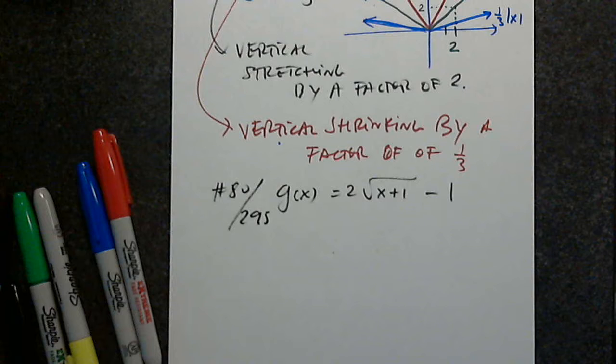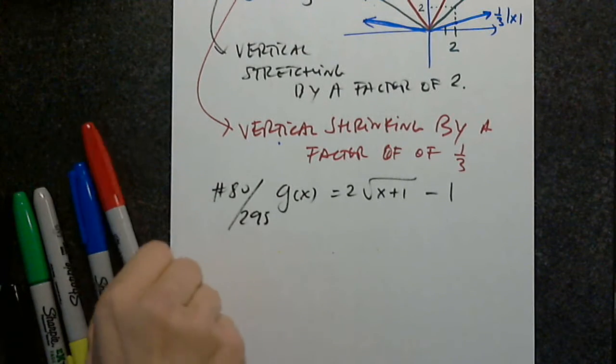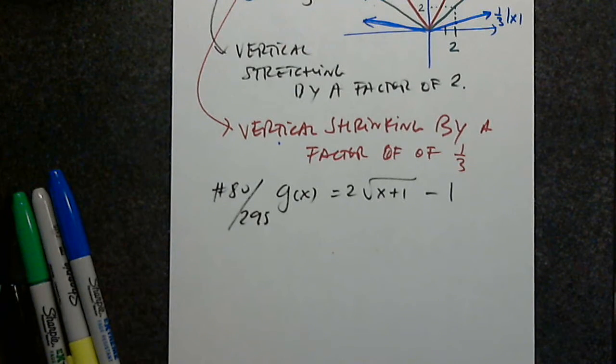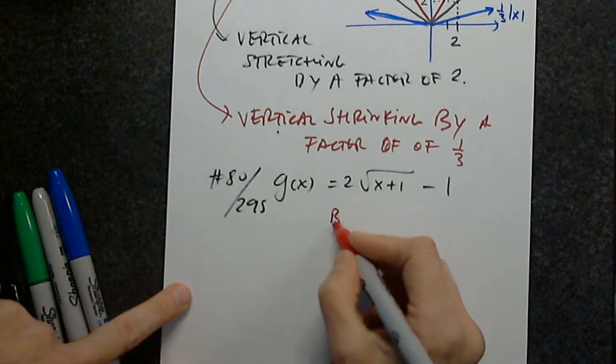No one will look at the graph with a magnifying glass. It's just a shape, an idea of the graph, which is quite accurate, but the points will not be accurate. First I have to identify what base function was used here.